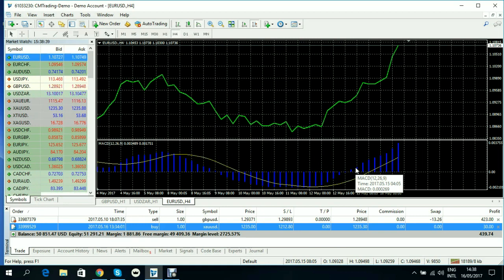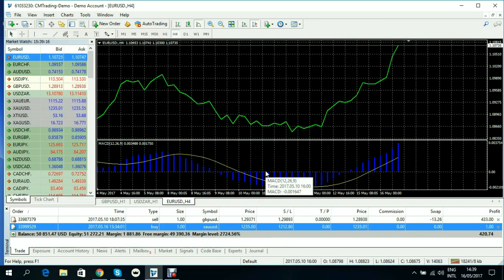The things you need to look out for are the bars crossing the zero line and the signal, or the moving average, crossing the zero zone or the center. This is the center for MACD. So when these conditions are met, then you can place your trade, be it a buy or a sell.